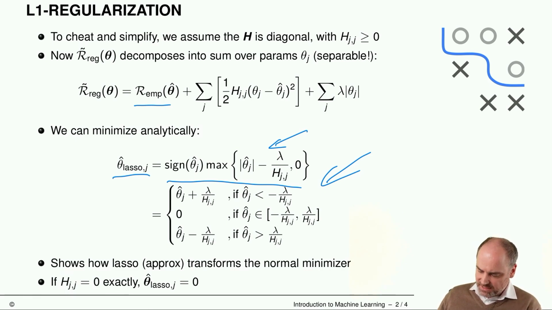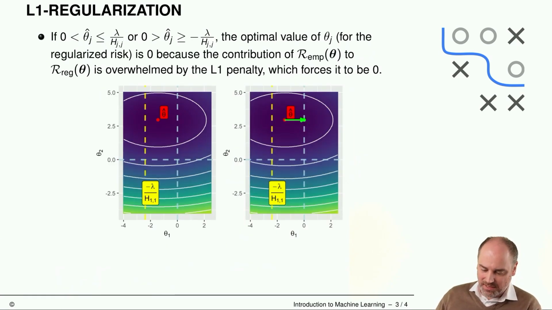So I guess it's easier to visualize that and to understand it visually. And this is exactly why I did that on the next couple of slides. So again, here in the background, we have these contour lines. This is our unregularized objective. Here, that's the location theta hat of our minimizer.